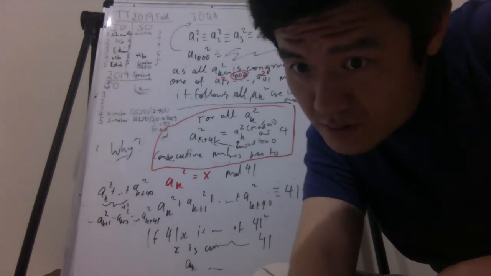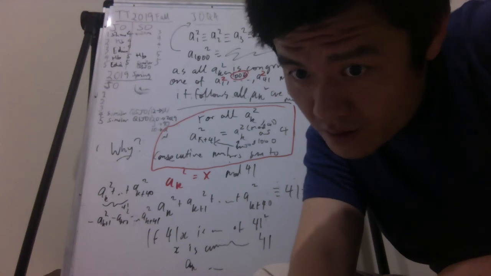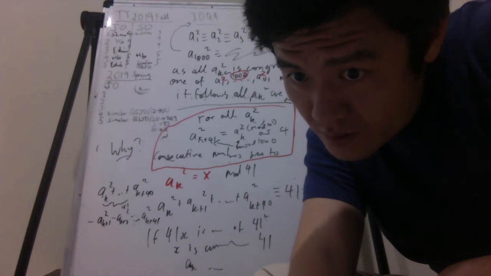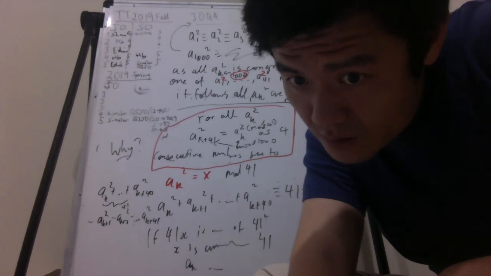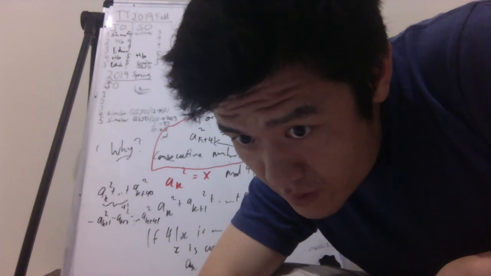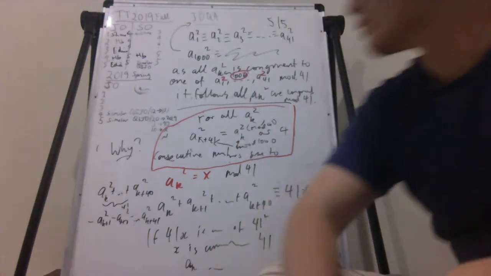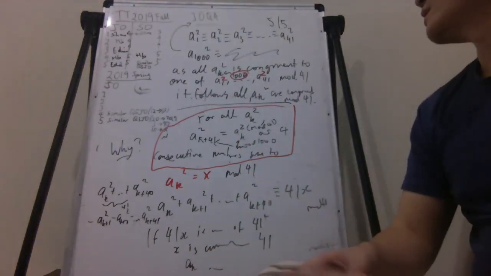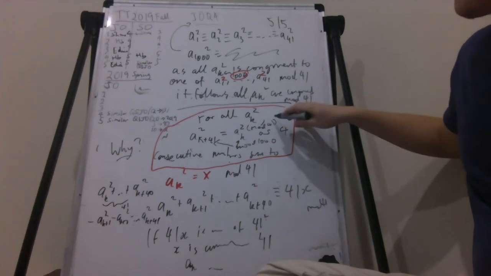Can you also say something like, for all i, a_i squared equals a_i plus 41 squared mod 41 squared? So 41 squared divides 41 times a_i squared. Oh, okay. Well, so what's the suggestion? It's instead of saying mod 41, you have mod 41 squared.